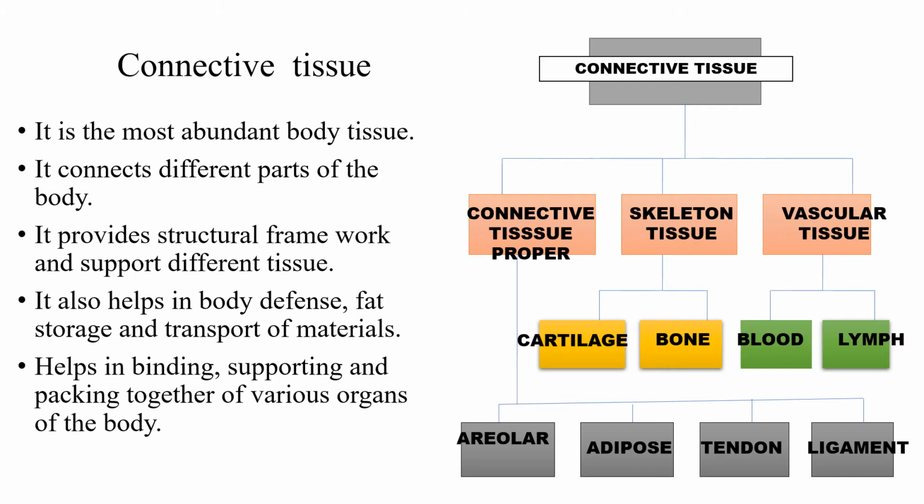We can see one by one. It is the most abundant body tissue because it is connective, so different parts of the body are connected by it. It provides structural framework and also support, helps in body defense, fat storage and transport of materials, helps in binding, supporting and packing together of various organs of the body.